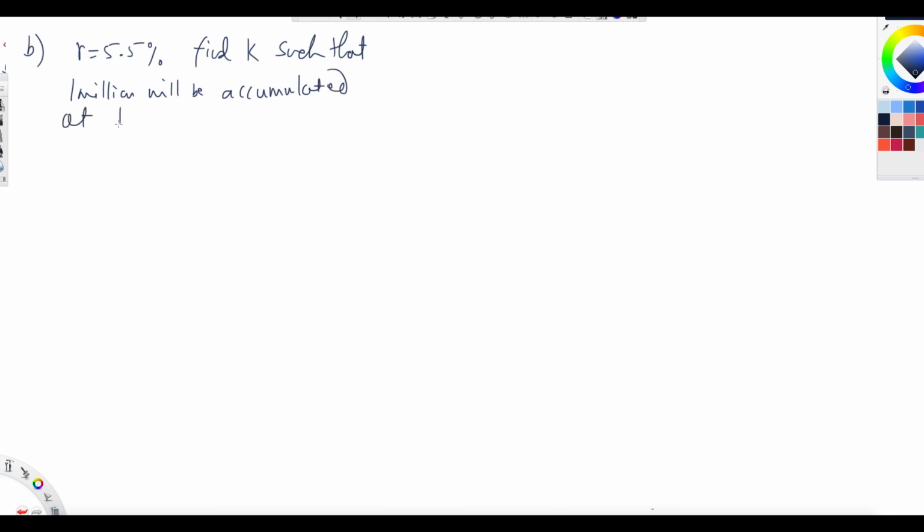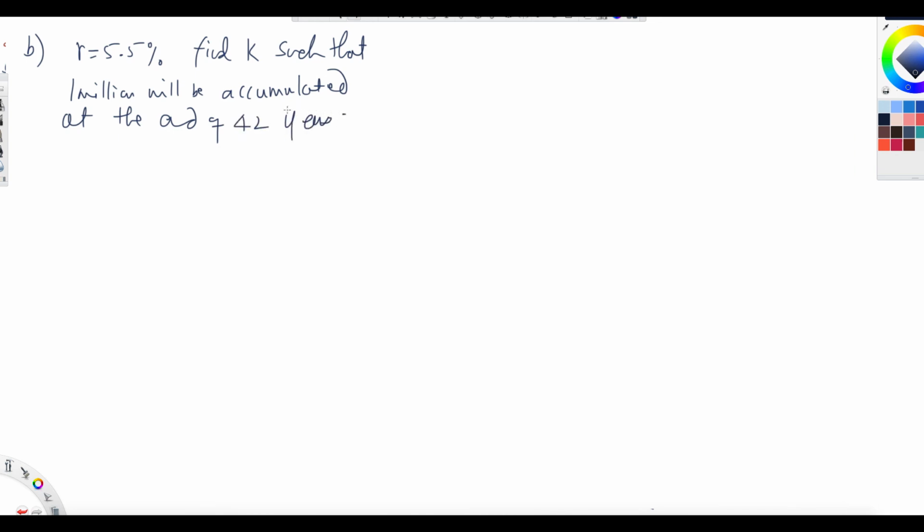Question number B is asking, if r equals 5.5%, determine k, find k such that 1 million will be available for retirement in 42 years, such that 1 million will be accumulated at the end of 42 years.